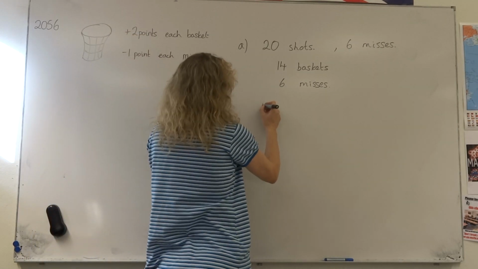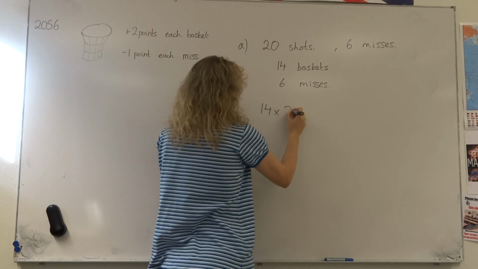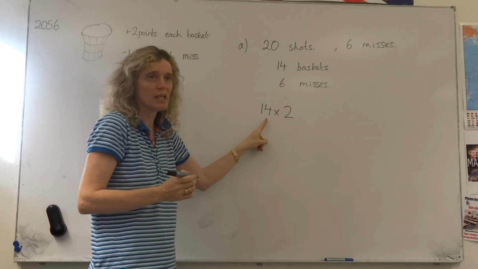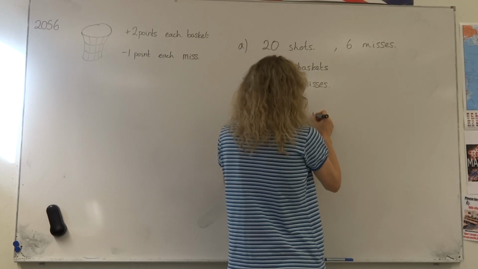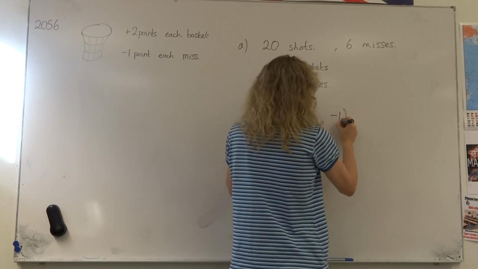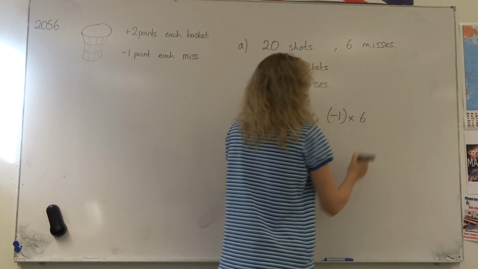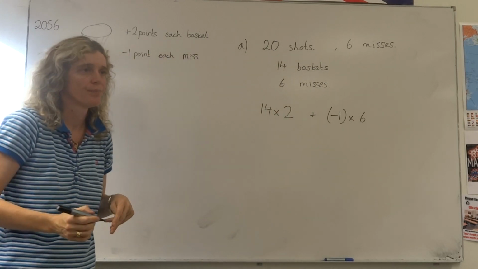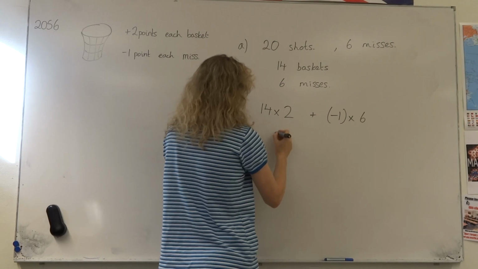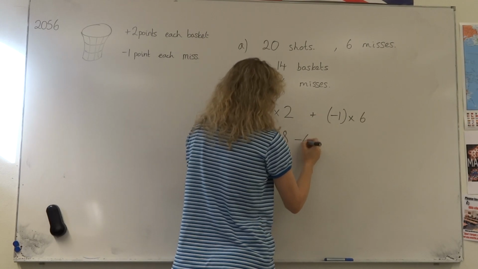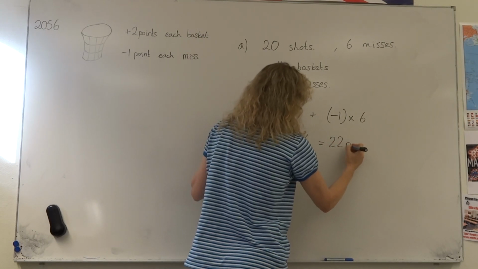It's quite easy. She gets 2 points for every basket that she got. 14 times 2. And she gets -1 point for all of her 6 misses. Okay. So we work it out quite easily as 28 minus 6, which will give her 22 points.